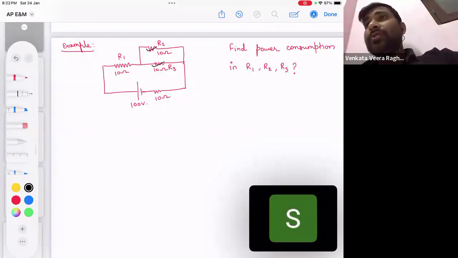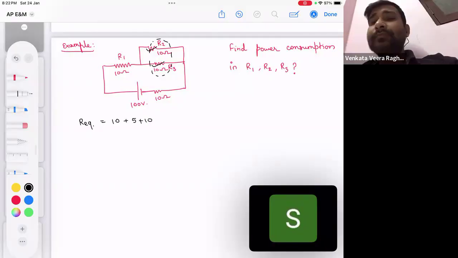So 10 into 10 by 10 plus 10, that is 100 by 20, and the resultant of these two is 5. This is 10, this is 5, and this is 10. Can I say the R equivalent of this circuit is 10 plus 5 plus 10? So how much are we getting? 25, right?